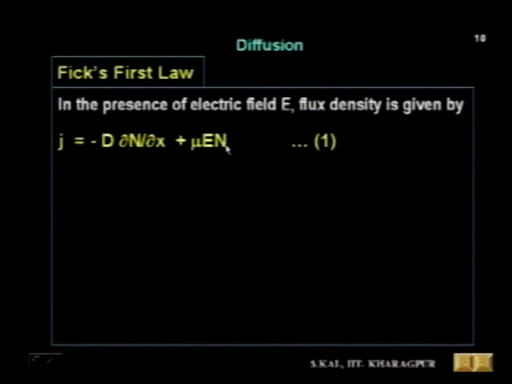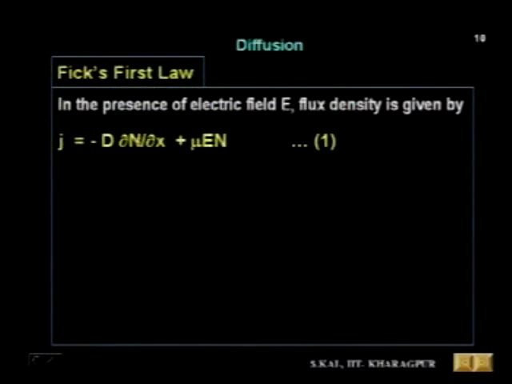Another is proportional to the drift velocity because of the electric field, and drift velocity is given by mu E. Mu is the mobility of the carriers, and J is the flux, that is the number of molecules crossing per unit area per unit time. So flux is proportional to del n del x, and flux is again proportional to the electric field. Now when you equate it, J equal to minus D del n del x. This D is known as the diffusion constant, and this diffusion constant is a function of temperature.